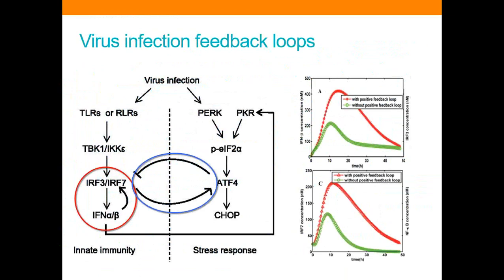You get this significant amplification effect, and obviously this is something we like to have, because when you're infected by a virus, this amplifies our innate immune response, our ability to produce antibodies against the virus. So this is really a great thing to have working properly.